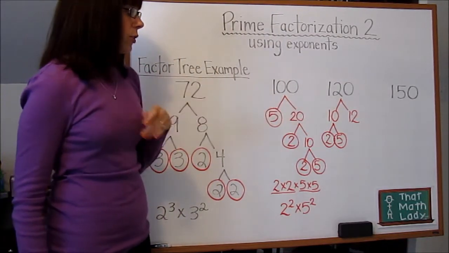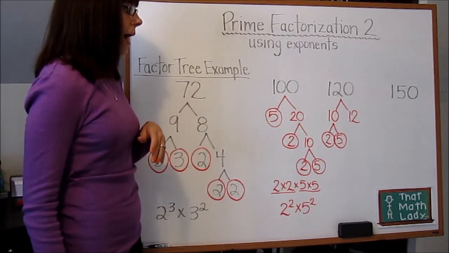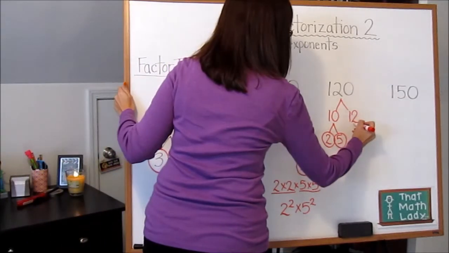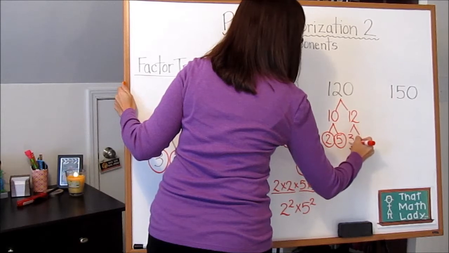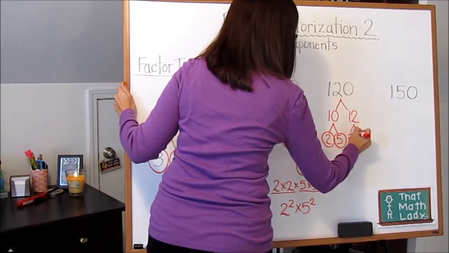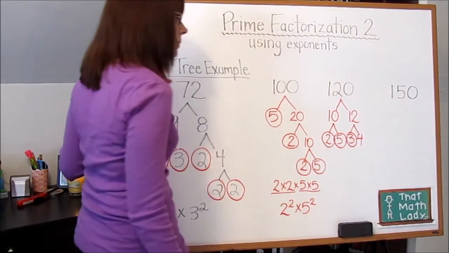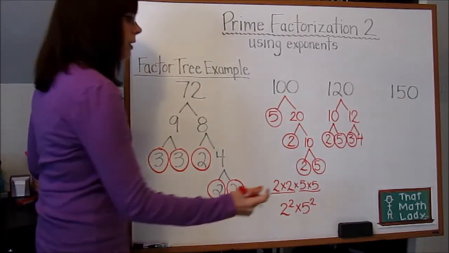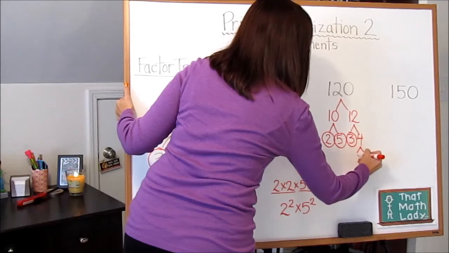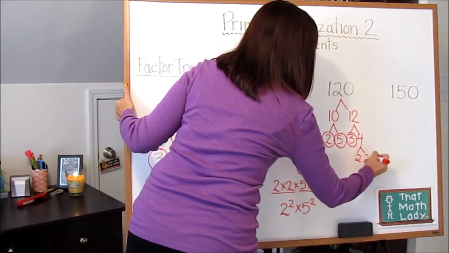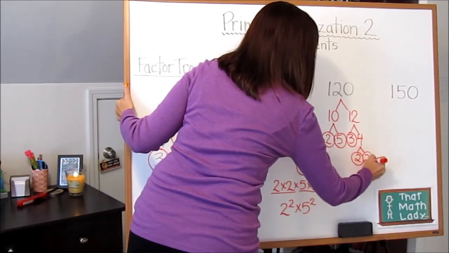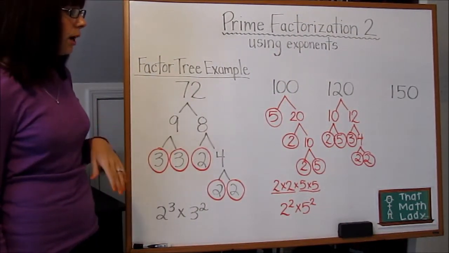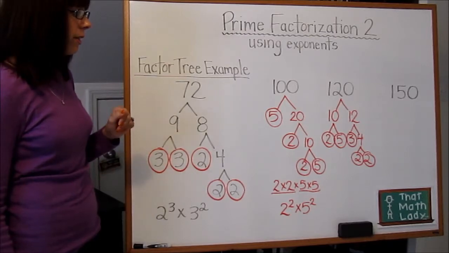And then over here for 12, I know that 3 times 4 will give me 12. And 3 is a prime number, so I'm going to circle that. 4 is a composite number, however, so I know I can break down 4 into 2 and 2, because 2 times 2 equals 4. And I'm going to circle my last remaining factors down there.